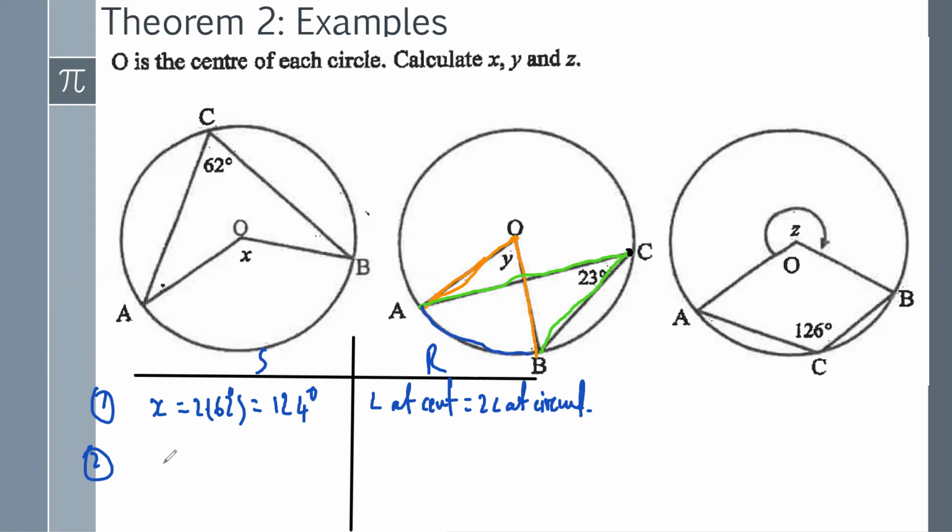So again, Y is the angle at the center, which is twice the angle at the circumference. So Y is twice 23 degrees. Sorry for being a bit untidy there. That is 46 degrees for the same reason. Of course, you're going to write: angle at the center is twice angle at the circumference.